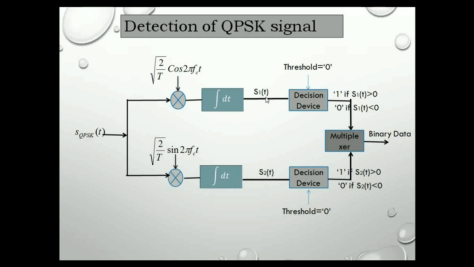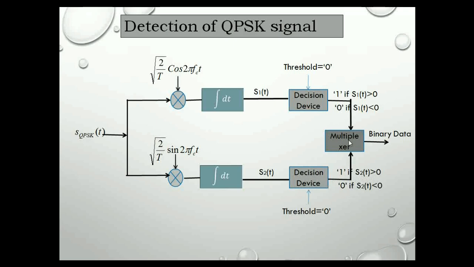Once s1 of t is applied to the decision device, it decides in favor of binary 1 when s1 of t is greater than 0, otherwise it decides in favor of binary 0. Similarly, once s2 of t is applied to the decision device, it decides in favor of binary 1 when s2 of t is greater than 0, otherwise it decides in favor of binary 0.